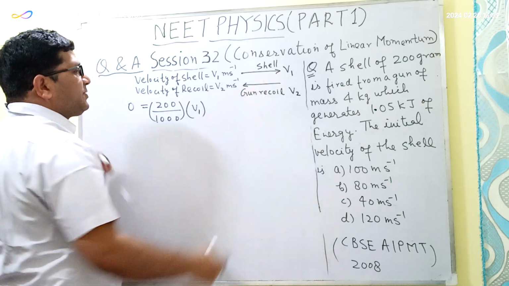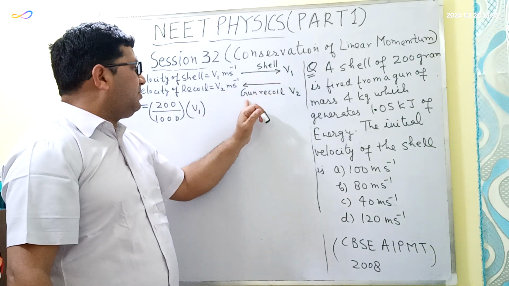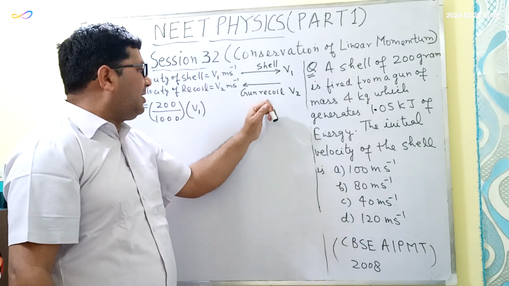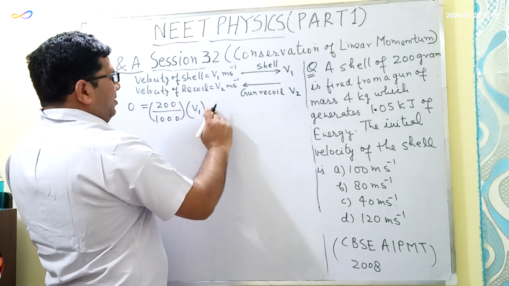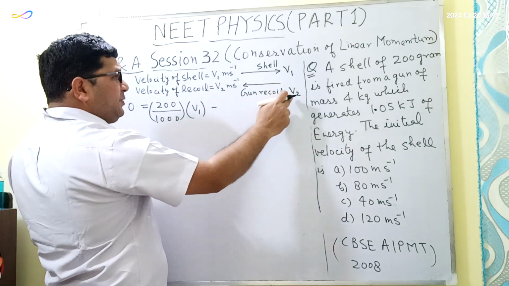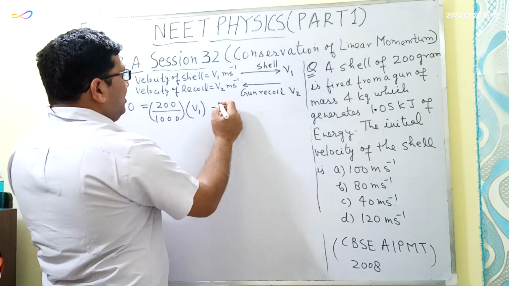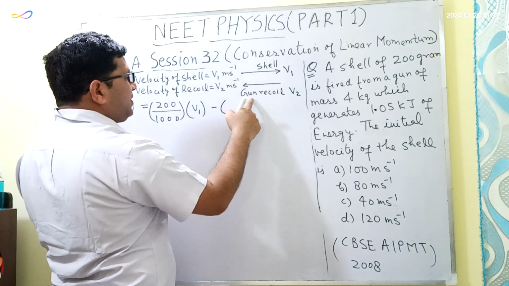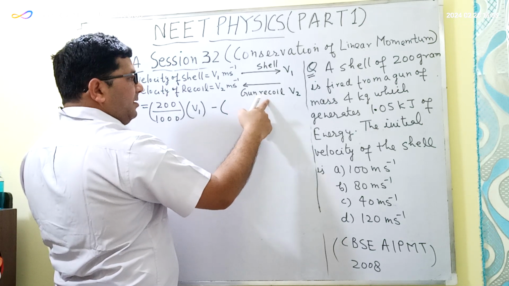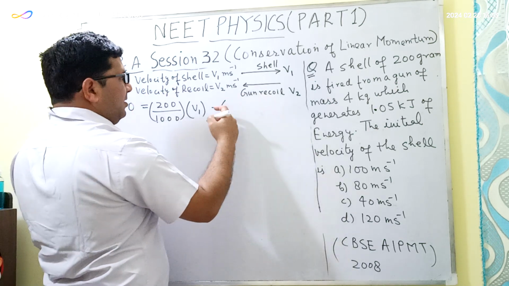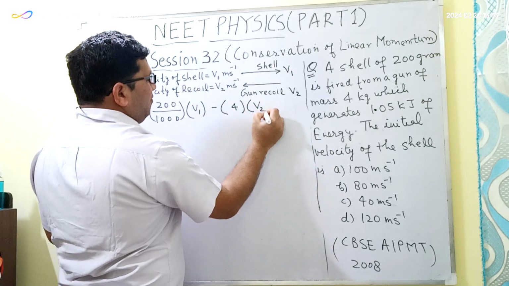And since the velocity of the shell is in the opposite direction of the velocity of the gun recoil, here this velocity V2 will be taken as negative. So the momentum associated with this gun after the firing will be equal to mass into V2.